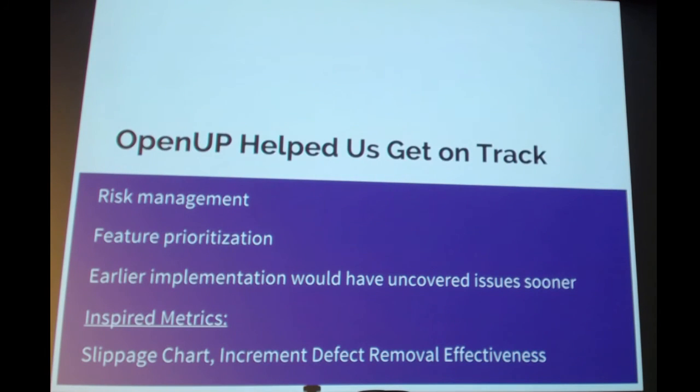And the way that happened is during the inception phase, OpenUP recommends some serious risk management activities. So every Thursday we meet and we go over our risk charts of our top 20 risks in the project. And we re-rank them, we talk about them, we create risk mitigation strategies. So the one major risk that we identified early on was this idea of too many high priority features.